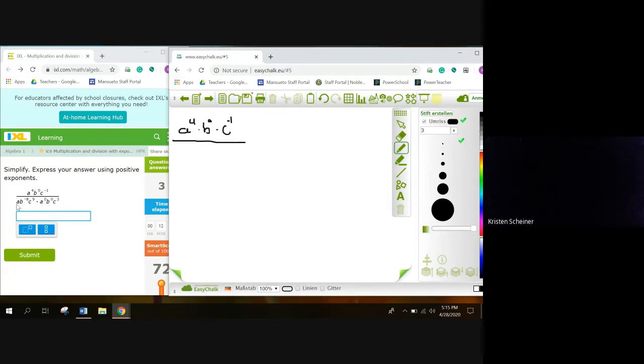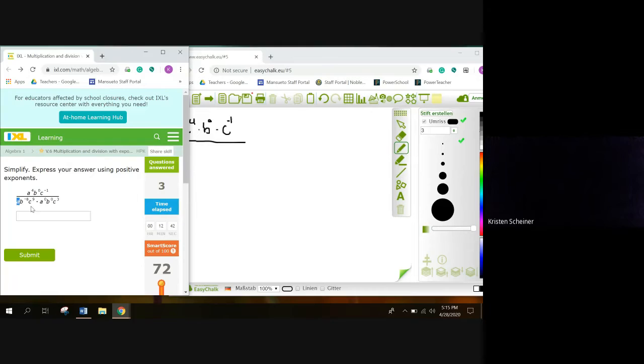But on the bottom here, we have A to the 1st power and we have A to the 0th power, which we can symbolize as A to the 1 plus 0. And we have B to the negative 8th and B to the 0th power, which we can symbolize as B to the negative 8 plus 0.